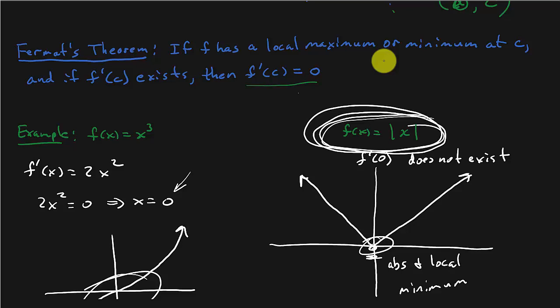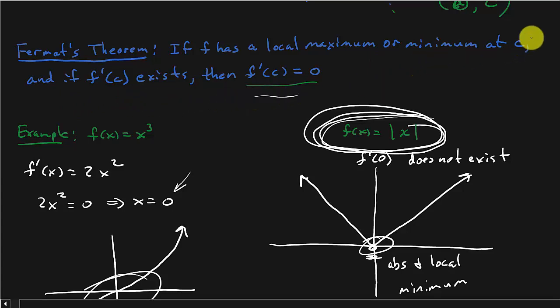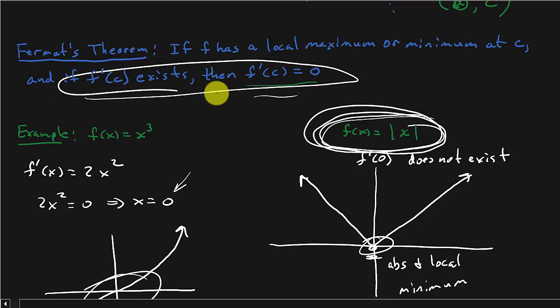Just because we take the derivative and set it equal to 0 doesn't mean there's a local max or min there. That's not what it's saying. What it's saying is if it is a local max or min, then all that applies.